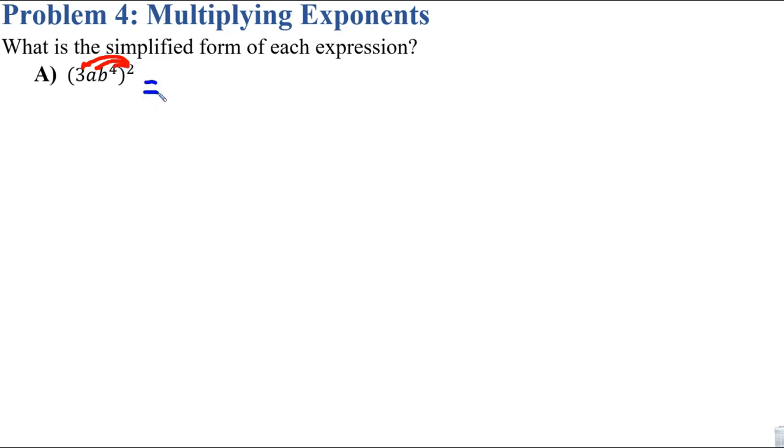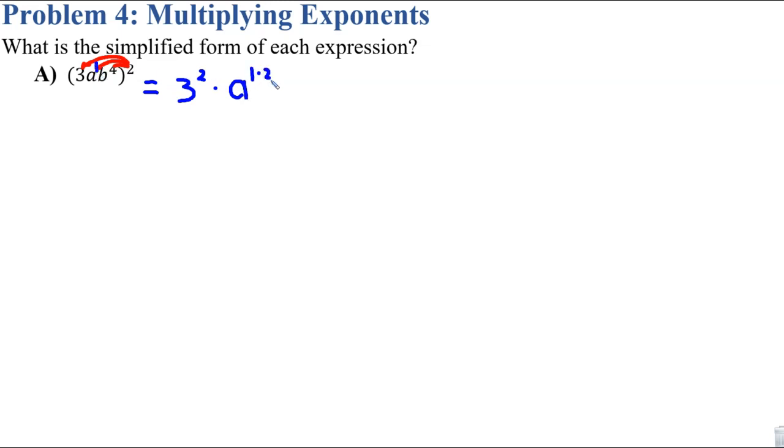So that's going to give me a 3 squared. And come test time, come quiz time, the thing a lot of students are going to miss is distributing that to the constant factor. So don't forget that. All right, times a to the, now since there's just an a, we can think of it as an a to the 1.